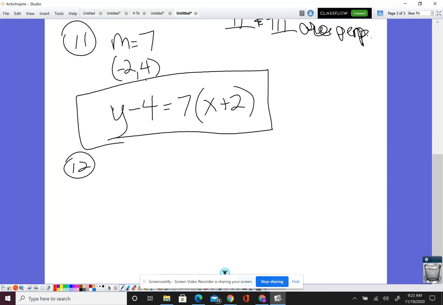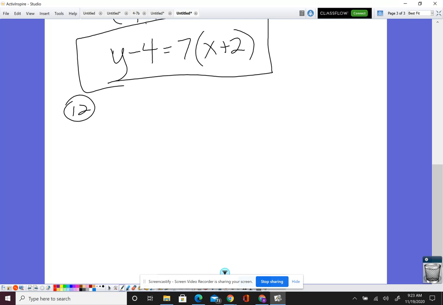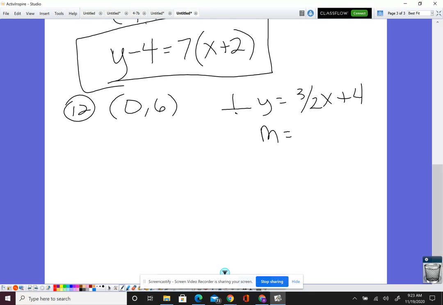Number 12. Write an equation in slope intercept form for the line that passes through 0, 6 and is perpendicular to the line y equals 3/2 x plus 4. So whenever we're creating an equation of a line, we need a point and a slope. We're going to get our slope because we want it perpendicular.